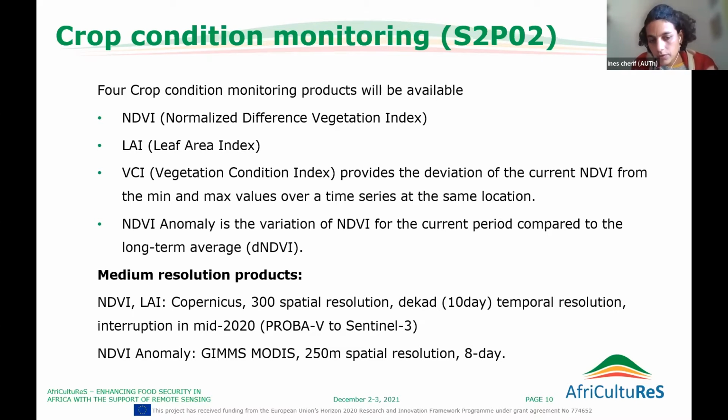In one case, the mean is used. In the other case, the minimum and maximum values are used. So this is basically the difference.